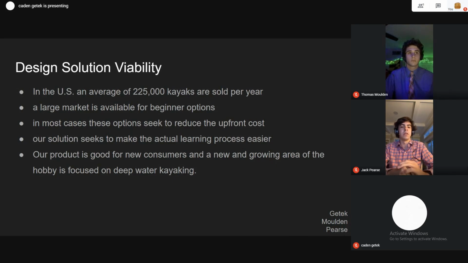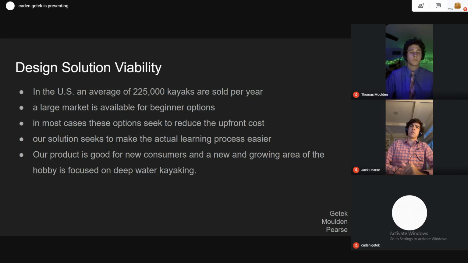That shows that people are always buying kayaks, and there's always a need for a better kayak. A lot of the stability options on the market are only for beginner level kayakers, and our centerboard would be able to be used for a range of skills.